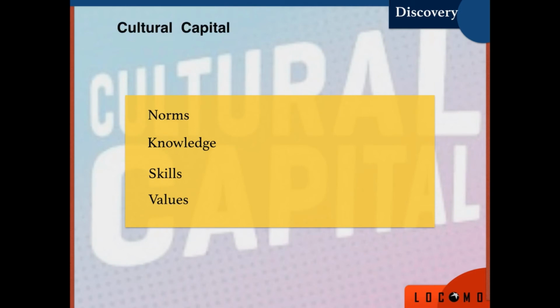And last but not least, you look at cultural capital. So in a culture, you look at norms, knowledge, skills and values. So from where we are today, and from where you were before you had the spin-off companies, before you start thinking about commercialization, before you met an industry partner, there's a lot of transfer of culture that is happening.